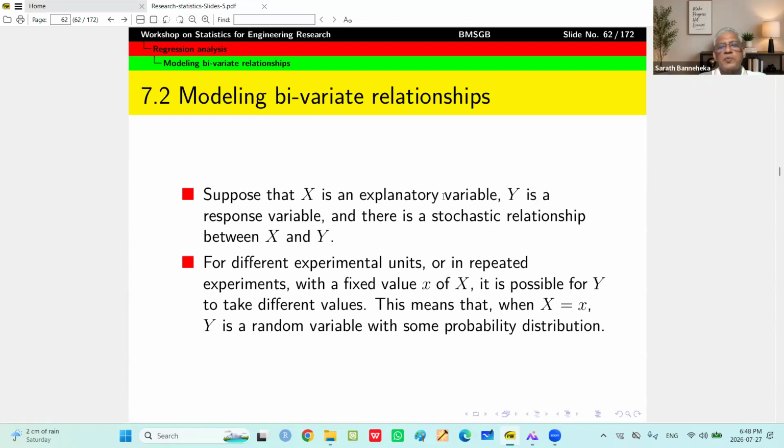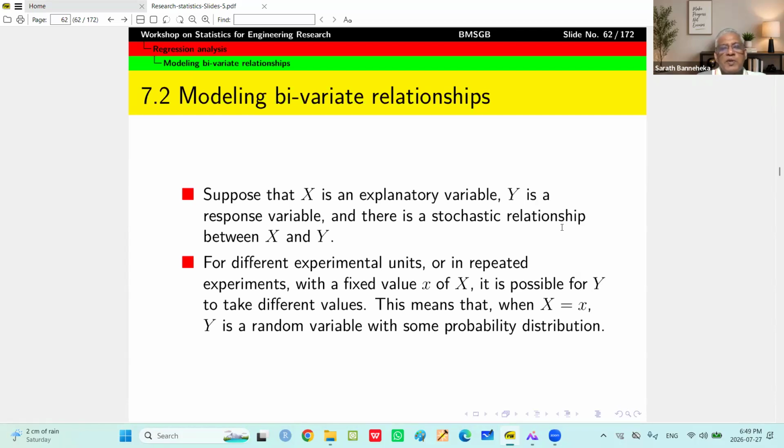Suppose that x is an explanatory variable, y is a response variable, and there is some kind of stochastic relationship between x and y. Stochastic means random. So a stochastic relationship is a relationship between two random variables in this case.